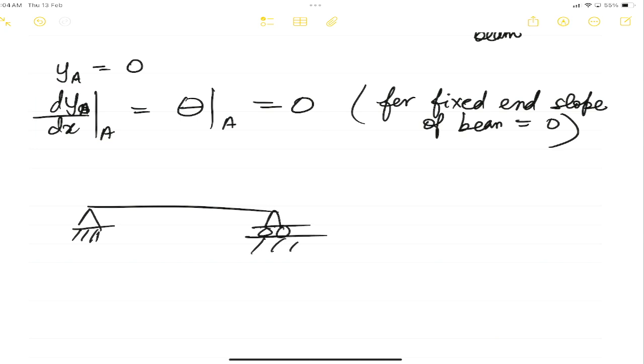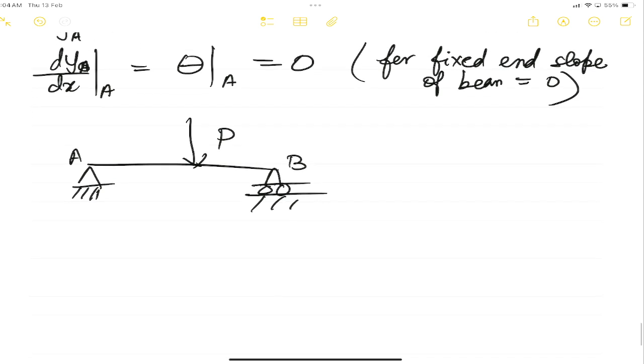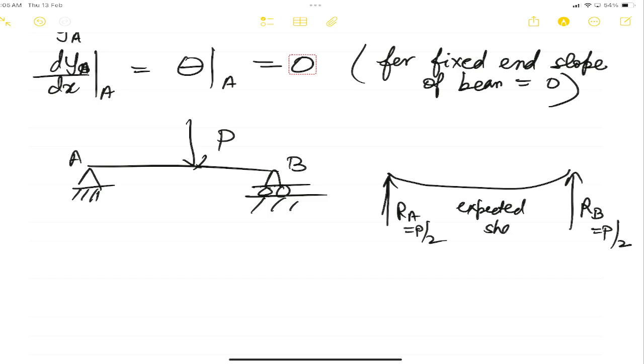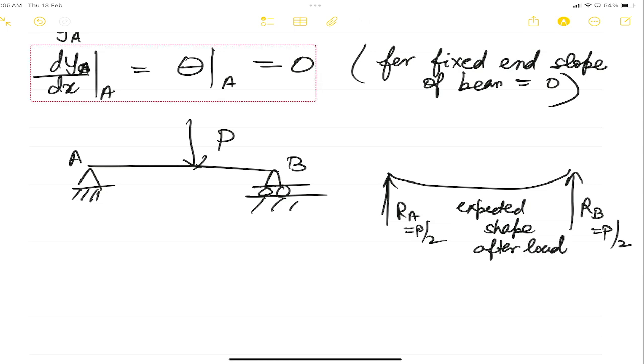Let us look at a beam like this. Some simple beams I am taking. Load P. So now, of course, these are much exaggerated.